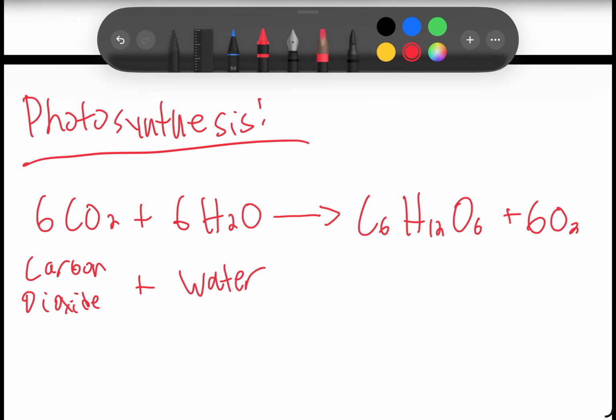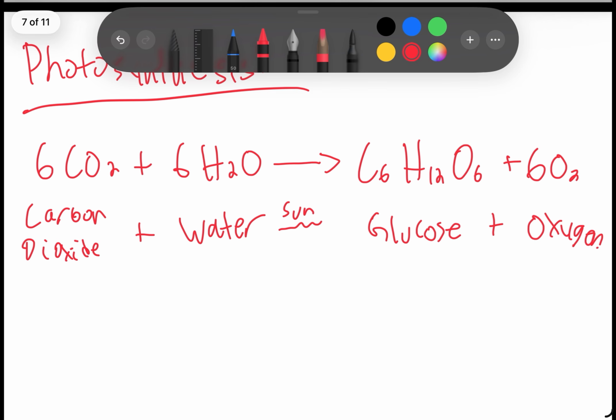It reacts with the sun to create glucose plus oxygen. And then cellular respiration is the opposite.